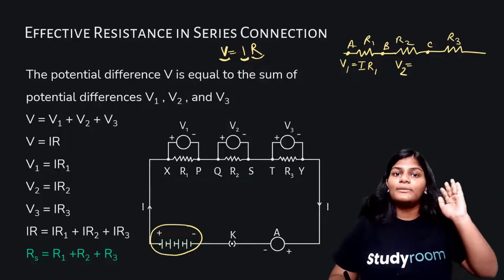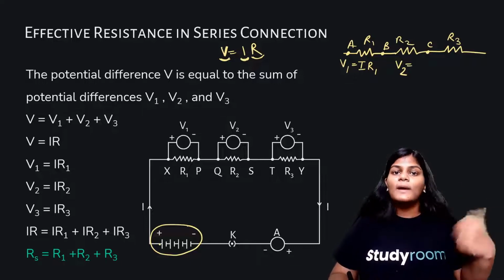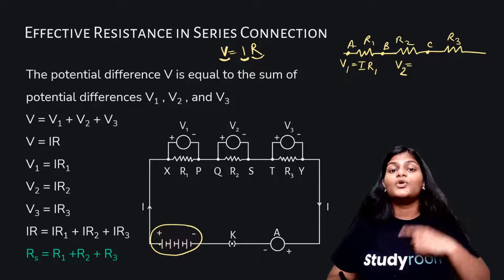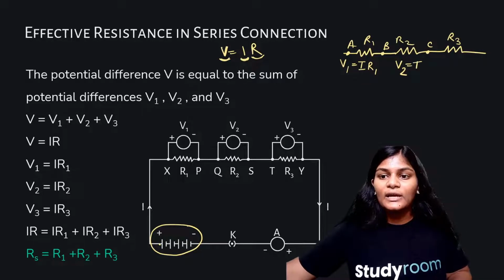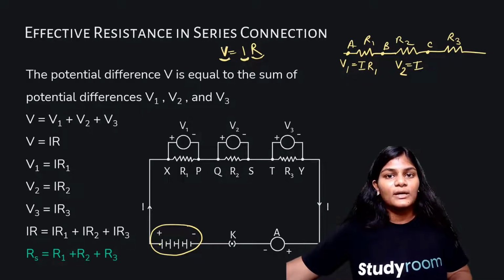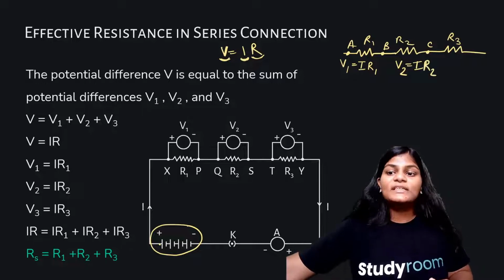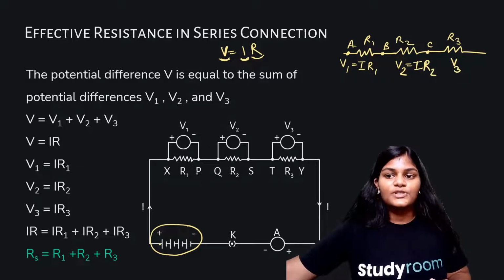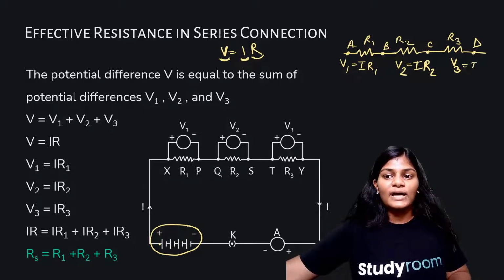We would have had to call them I1, I2, I3, like that. But we saw, because the current has only one path to go, it's the same, which is I. So V2 is equal to I into, what is the resistance here? It is R2. Similarly, V3, which is the potential difference across C and D, is equal to I, which is the common current, into R3.